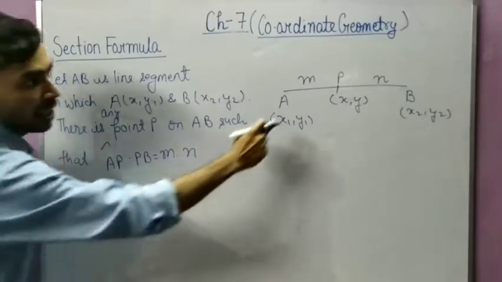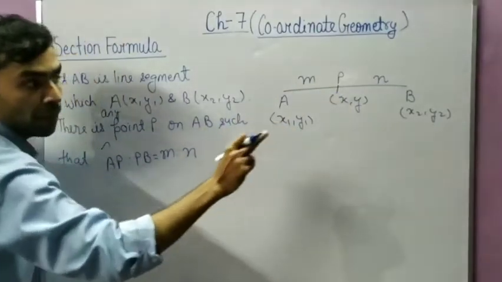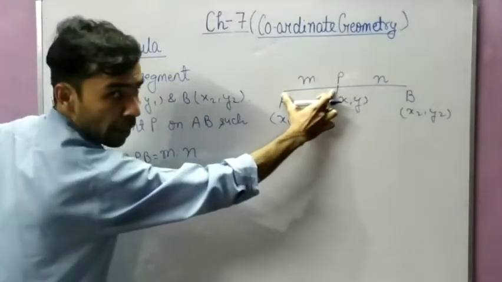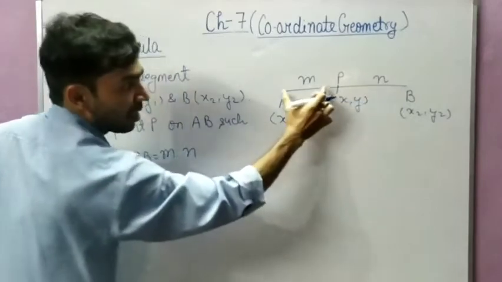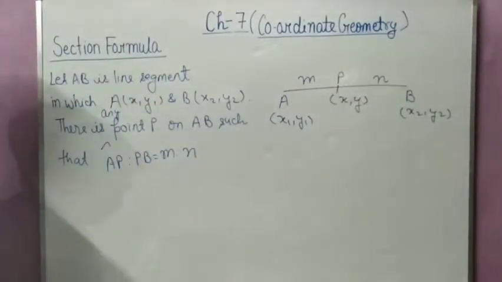See, it is a point P now, and this point P divides AB in two parts. The first part is AP and the second part is PB, and this part is m and this part is n. This is the ratio, okay? M ratio n.